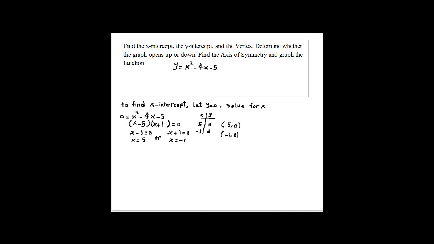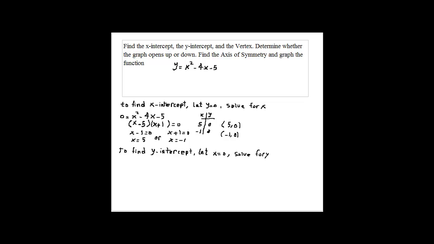Now similarly, to find the y-intercept, let me ask Lloyd. Lloyd, can you tell me what would be the step to find the y-intercept now? The x is 0. Very good. So you let x equal 0 and solve for y this time.